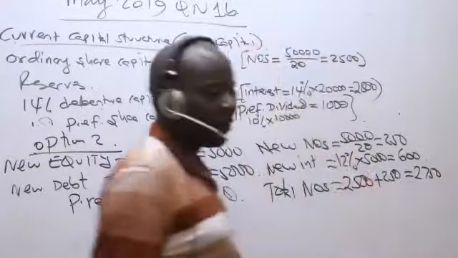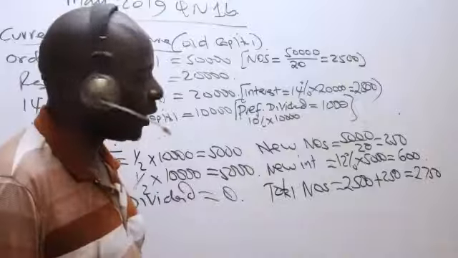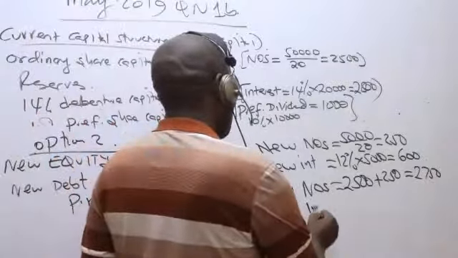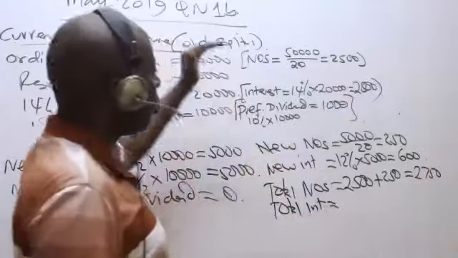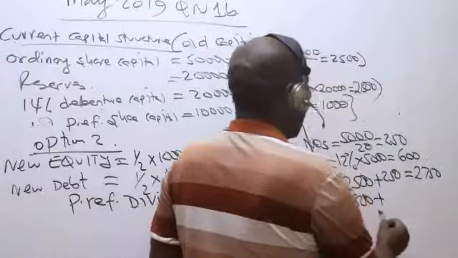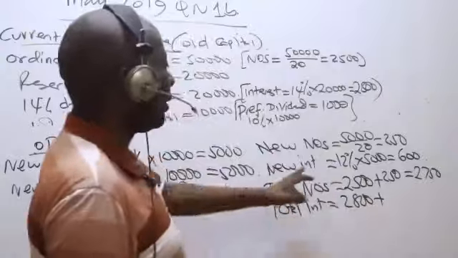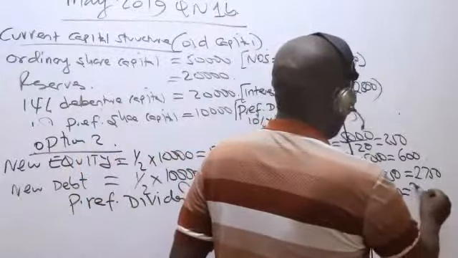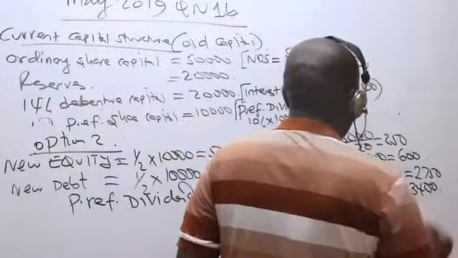For total interest, I'll take the old interest, 2,800, plus the new interest of 600, which gives me 3,400.